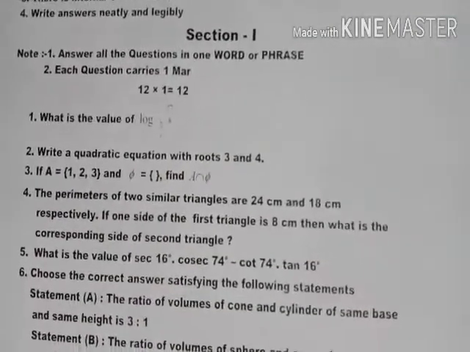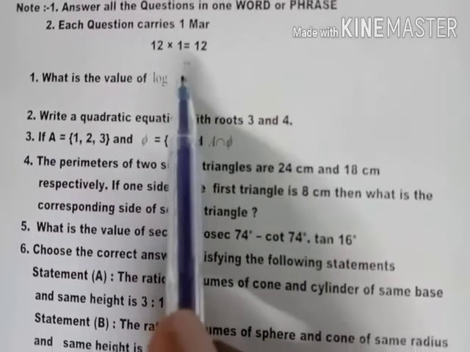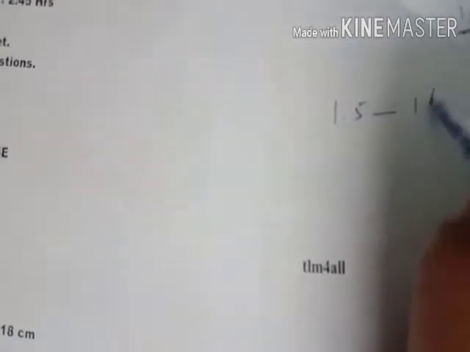So in the given guess paper, the first question is on logarithms, which is in the real numbers chapter. Most of these types of questions come from exercise 1.5, first Roman and second Roman.